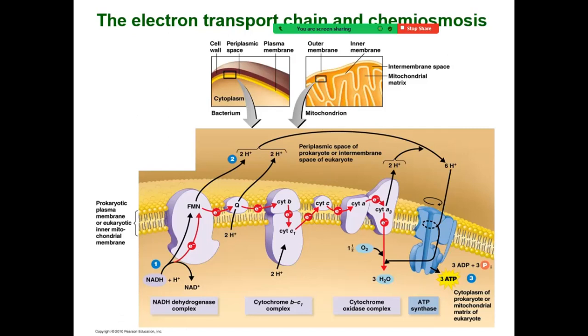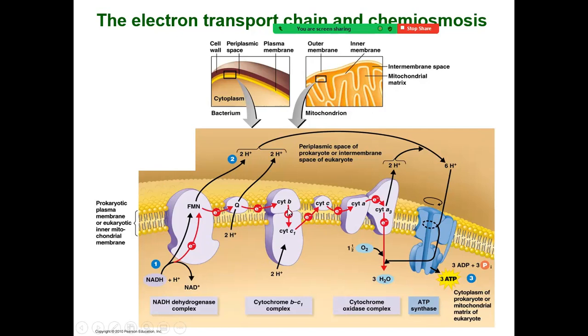And this is a picture of the inner mitochondrial membrane where ATP production occurs in the electron transport chain, the mitochondrial outer membrane, and then the inner membrane. And the electrons are brought by NADH on this side of the membrane, so that's the outside of the inner membrane.